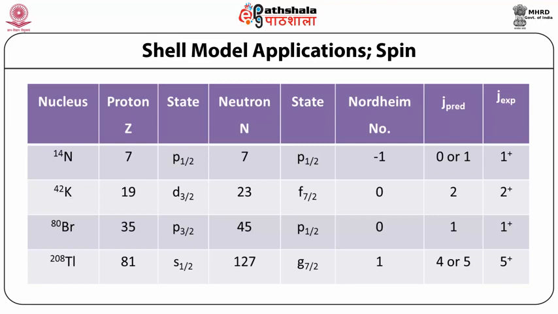According to the Nordheim rule, the Nordheim number should be 0 and the predicted spin for potassium 42 is 2, whereas the experimentally observed ground state spin of potassium 42 is 2 plus. Similarly, the barium 80 and thallium 208 cases are discussed, and the predicted spins are found to agree with the experimentally observed spin and parity.